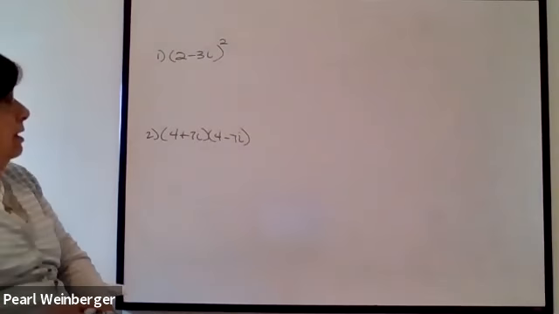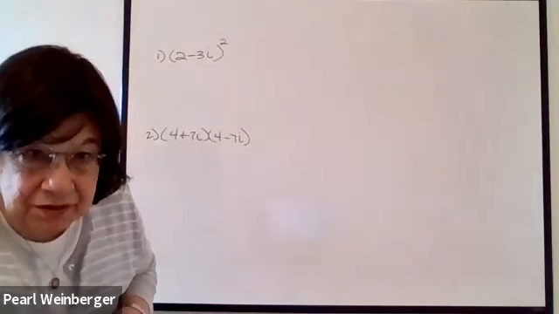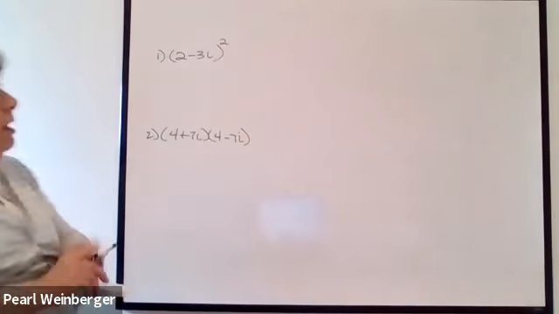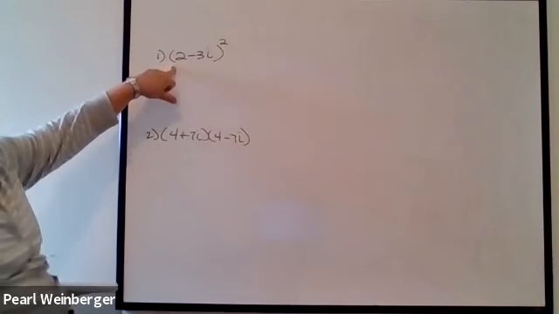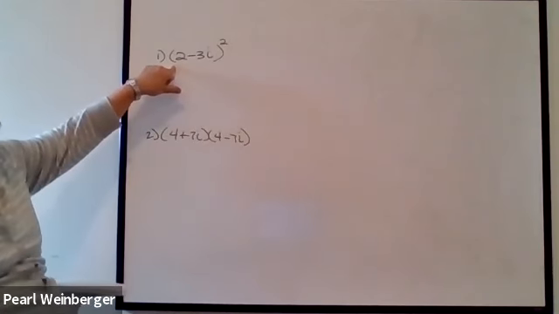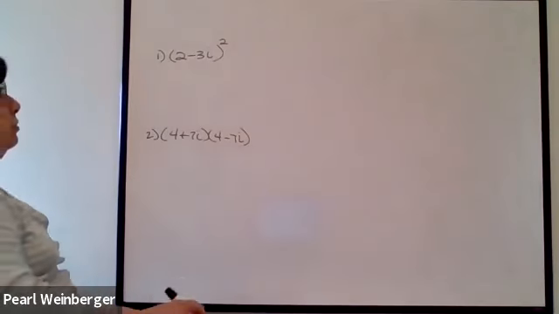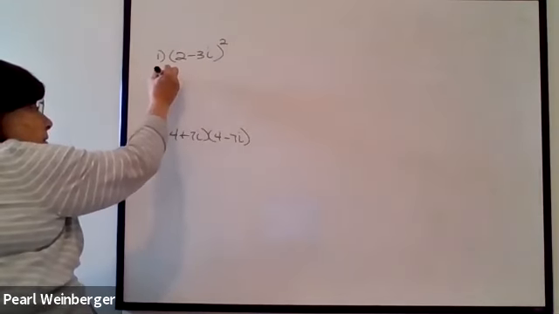Okay. I see that some people already have answers. Let's do the first one. And I'm going to do it two ways. I'm going to do it by using FOIL, and then I'm going to do it the way I said you could do squaring a binomial. Let's first do it by FOIL.